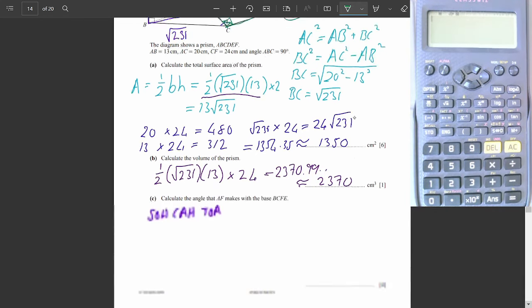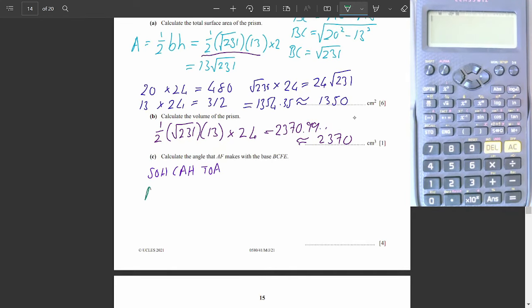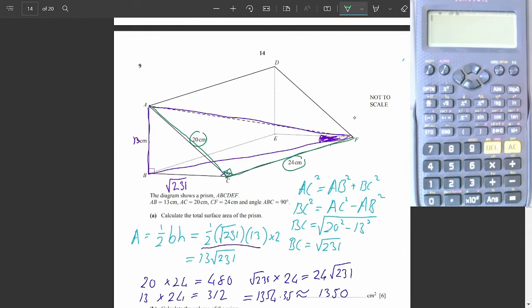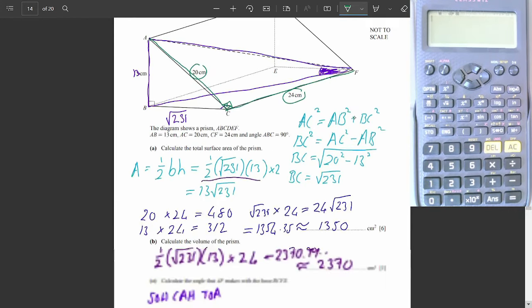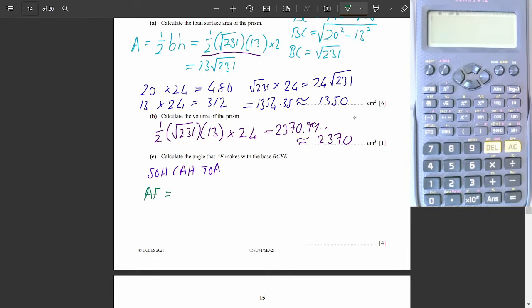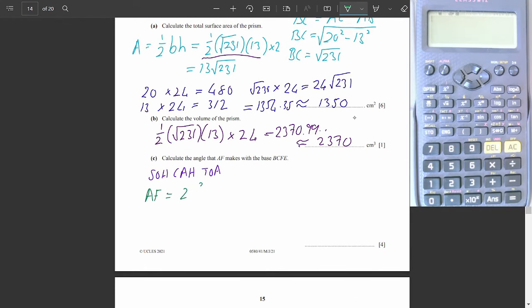So it's going to look like this. AF is the hypotenuse, so AF squared equals the other two sides, 24 squared and 20 squared. And instead of doing the square there, I'm going to go straight to square rooting it.